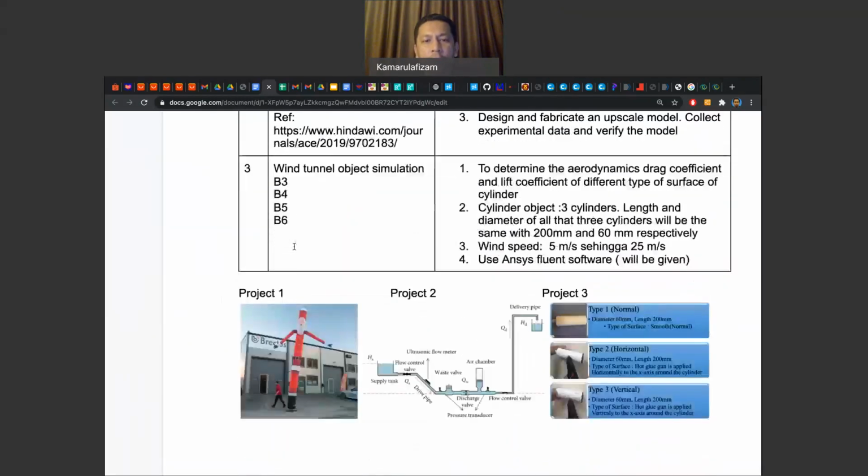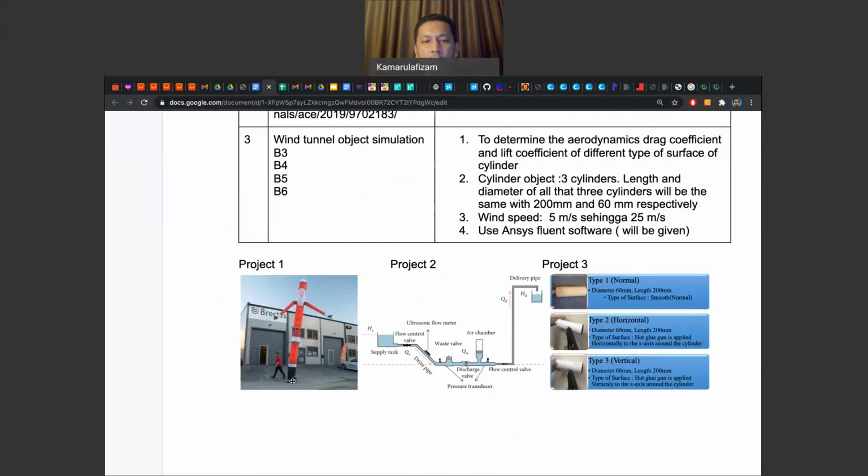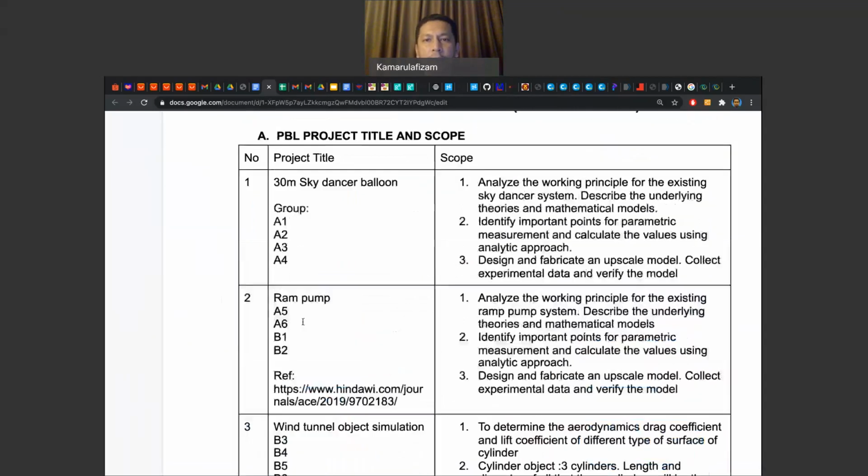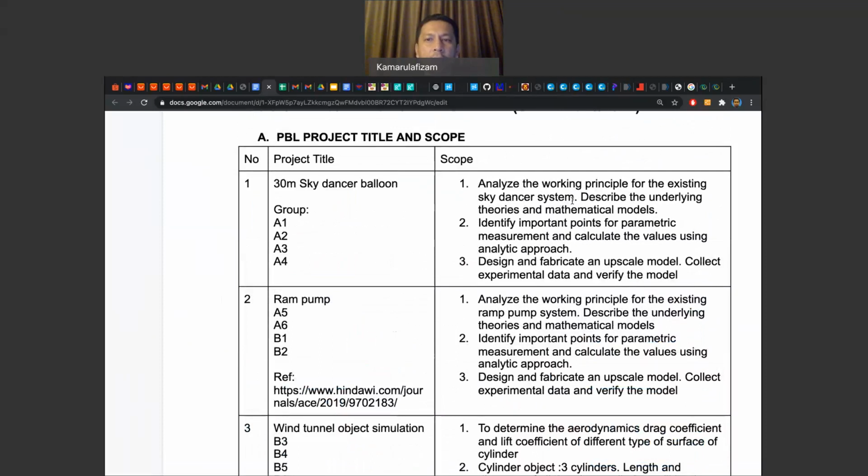You have to understand the power of this thing, the amount of air, the flow rate that goes up, and how this simple mechanism makes the balloon stand. All right, and then you have to describe the underlying theories and mathematical model of the airflow and the pressure at any identified points in the design of the sky dancer balloon that you have chosen.